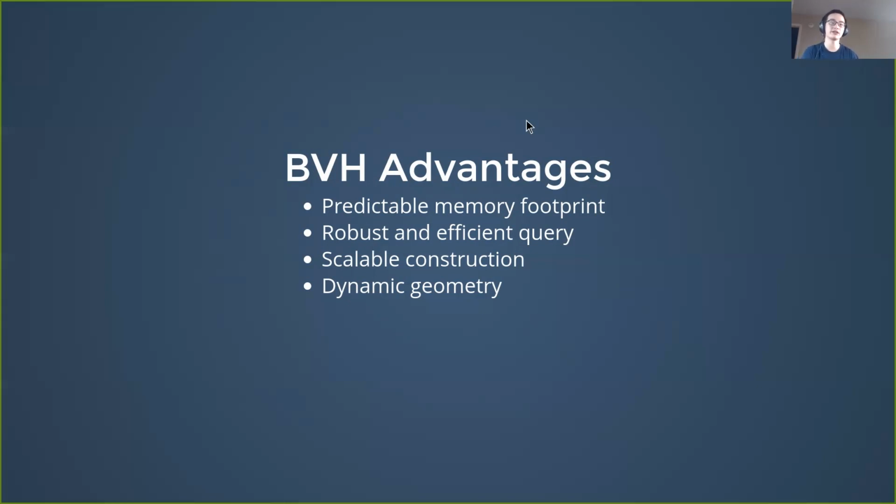Because the total render time is the BVH construction plus ray tracing, we can't take too much time on BVH construction if our BVH changes a lot and our ray tracing time is really short. So let's also come to the next point, which is dynamic geometry, which is considerably harder to implement in other acceleration data structures such as KD trees.